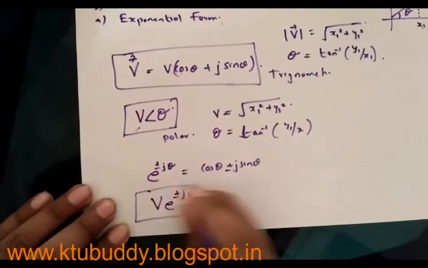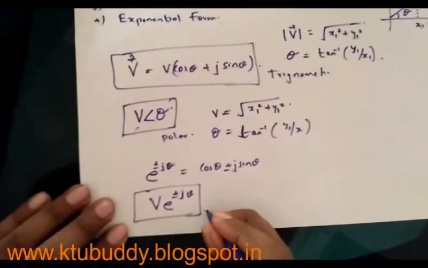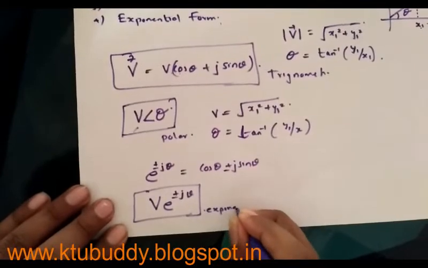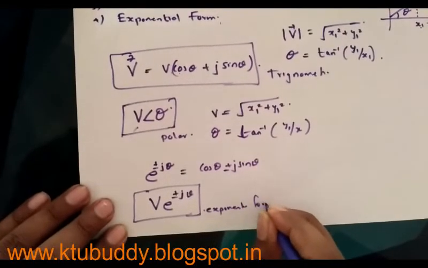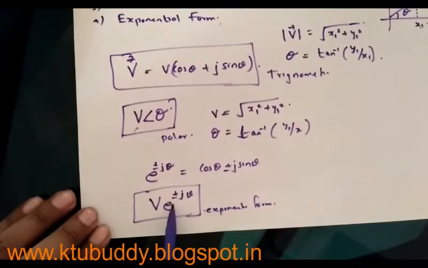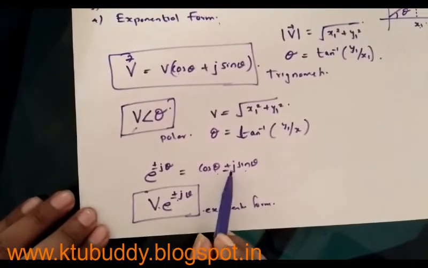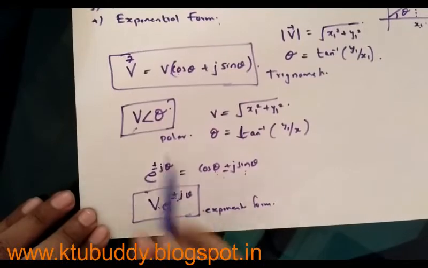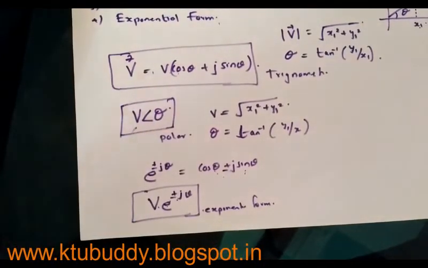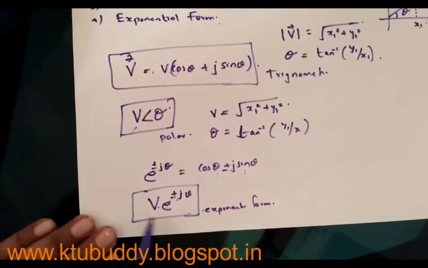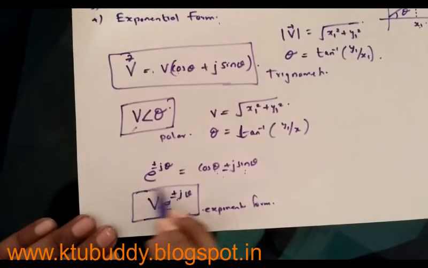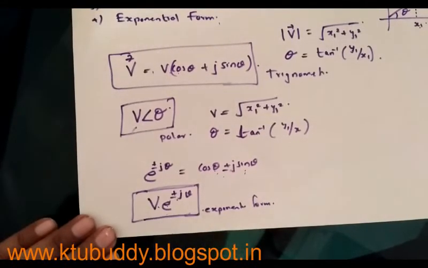This form is known as the exponential form of vectors. This is equivalent to the trigonometric representation, just representing the total vector as an exponential function.